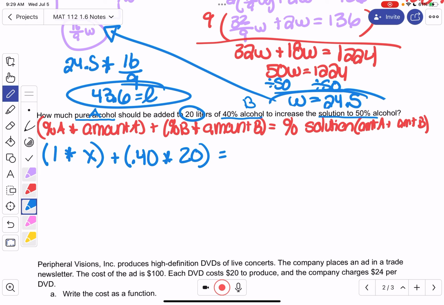And then we want our solution to be 50%. So that's 0.50. And then we add the amounts. So X plus 20.